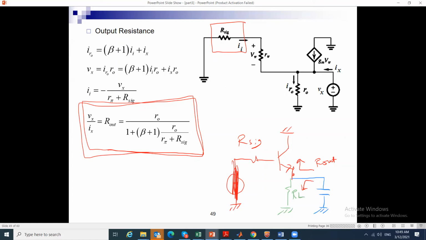Okay, so that's how we want to use those equations. We want to be able to say, oh, I'm looking from the emitter of a common, this is for the BJT, sorry, for the BJT, I'm looking from the emitter with a common drain amplifier, and I have a signal R sig, and therefore the resistance seen by the capacitor will be R out parallel to RL. Okay, so that's our objective.